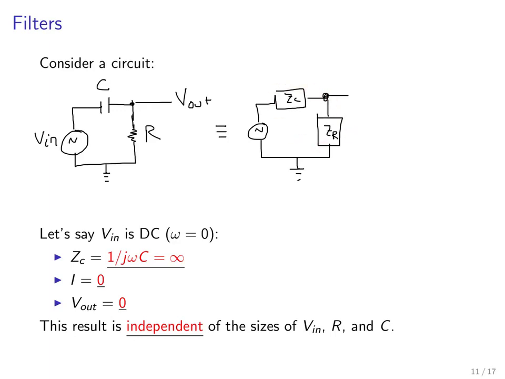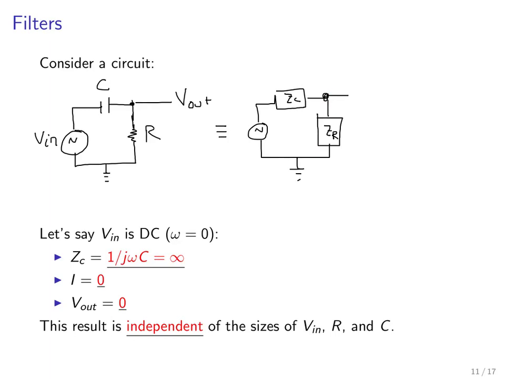It is a voltage divider, right? So we're looking at the proportional voltage across the resistive impedance, the resistor's impedance. That allows us to very quickly write out what the actual output voltage will be in terms of the input voltage.